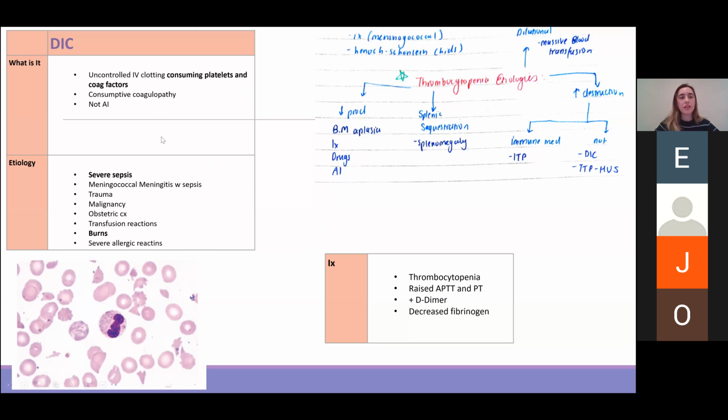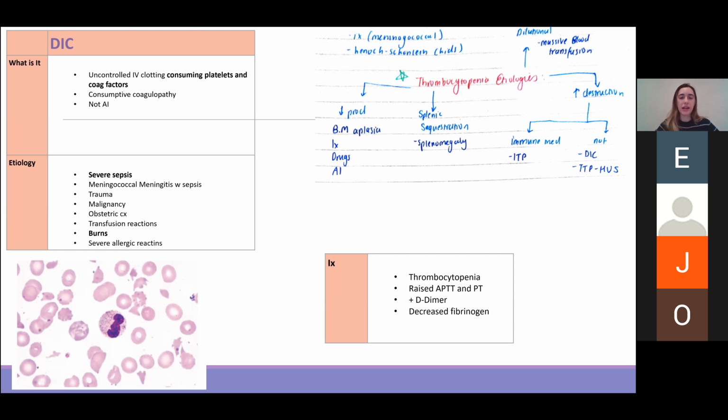Disseminated intravascular coagulation is what DIC is. It's where you have uncontrolled bleeding and clotting because you're consuming your platelets and coagulation factors inappropriately, which means that you clot a lot, but then you don't have the resources when you bleed. So you bleed a lot as well.